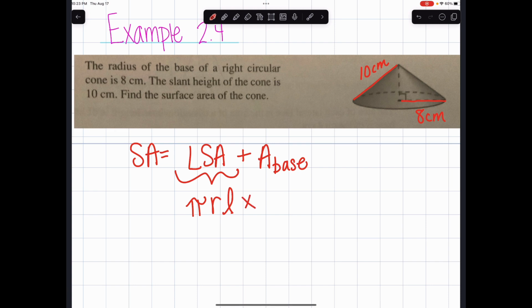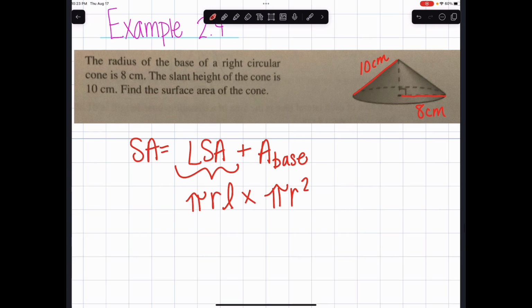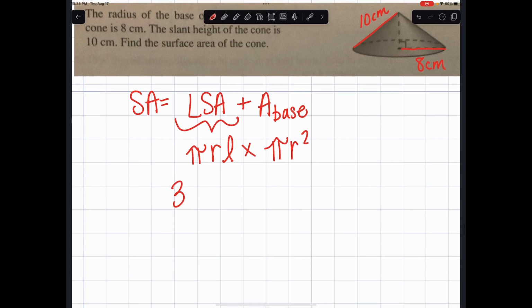And then we're going to do the area of the base, which is the whole circle, pi r squared. We don't need to double it because there's only one of them, right? Because it's a cone. So let's start plugging in numbers. Pi is going to be 3.14. The radius is going to be 8. The l, we're here now, is going to be this 10 centimeters. So it's the slant height.